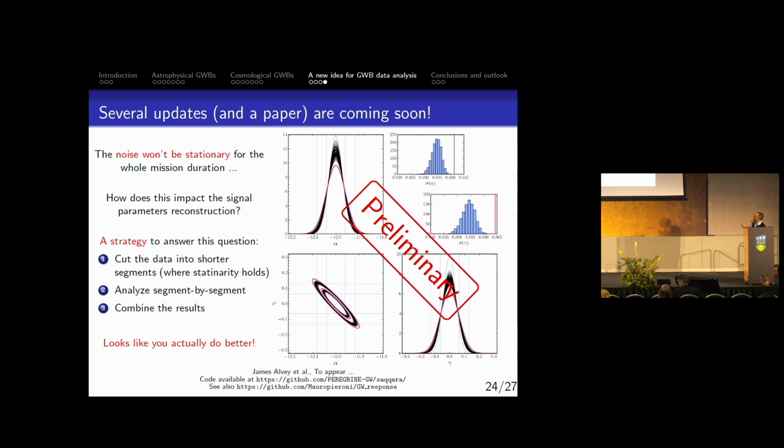And it's interesting that you actually do better. And the reason is the errors are combined with inverse variance weighting. So the segments where noise is lower weigh more than segments where noise is larger. So even if it's counterintuitive that you include more parameters, you still do much better. And this is nice, I think. And again, this code is publicly available, and the code we use for the response is also available on my Git.